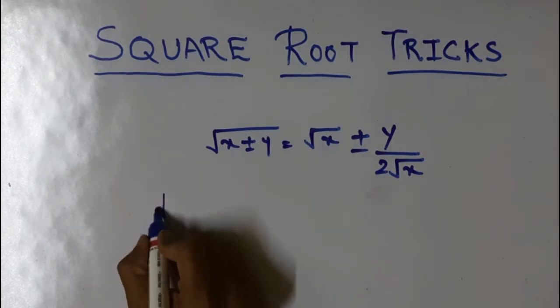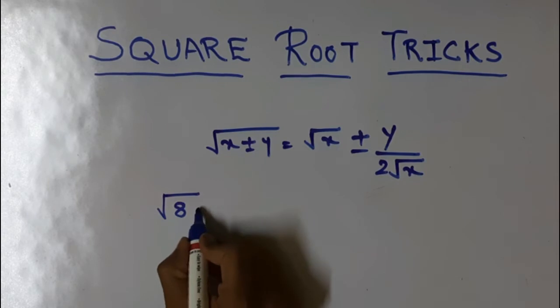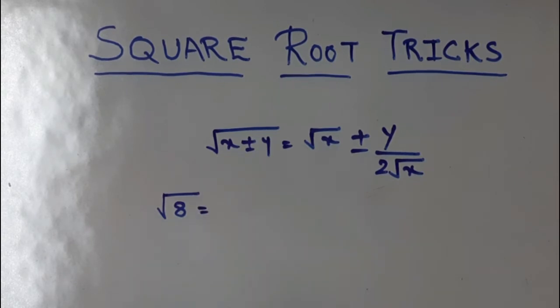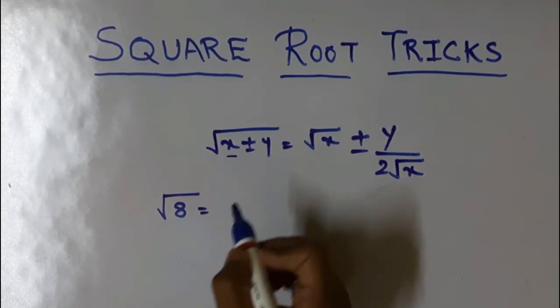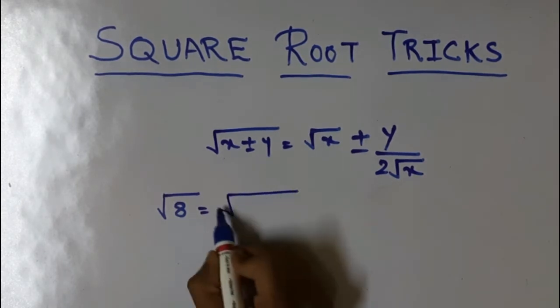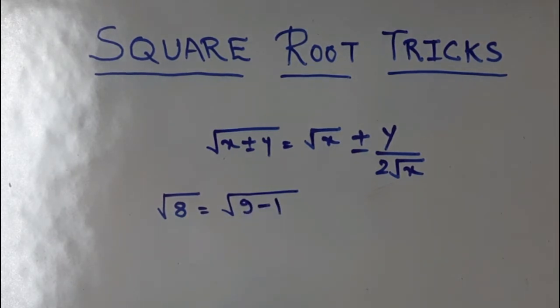Like root 8, we have to break this. This x has to be the nearest perfect square. The nearest perfect square of 8 is 9, so we can write it as 9 minus 1. Then we will implement it in this formula.